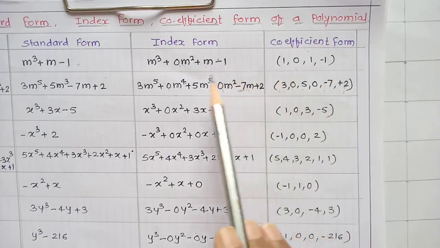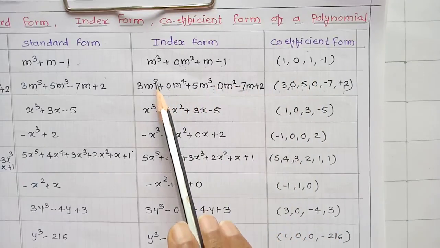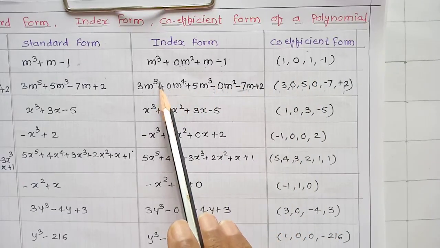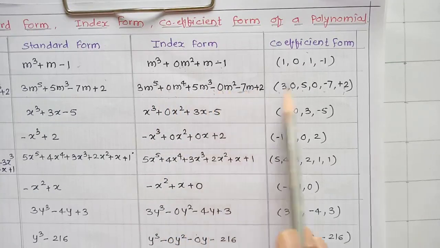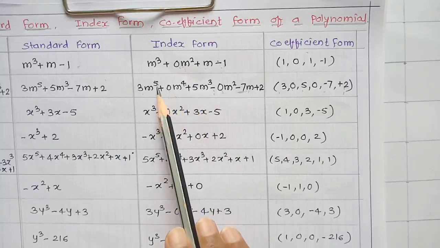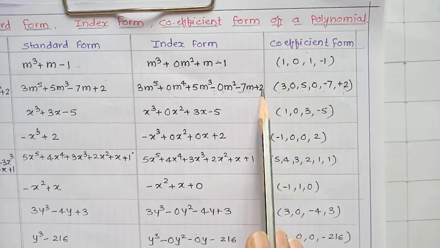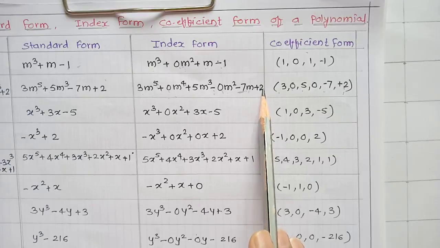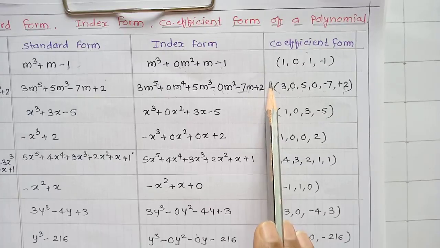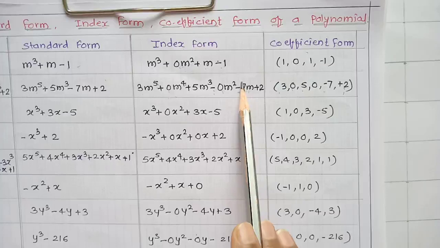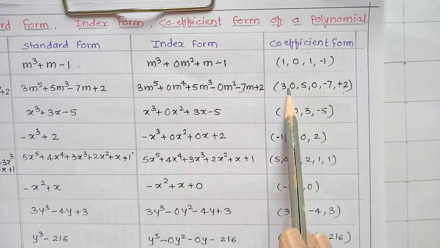So always remember, while writing the coefficient form, you should check that the number of coefficients should be one more than the highest index, because the last term, plus 2, is actually plus 2m raised to 0. So the indices are 0, 1, 2, 3, 4 and 5. Similarly here the terms will appear.